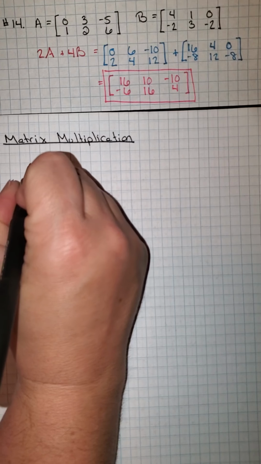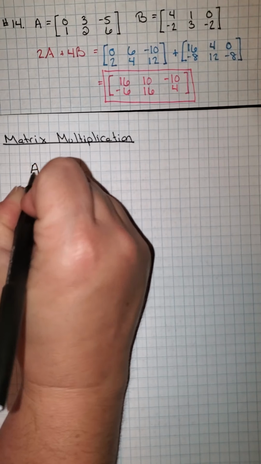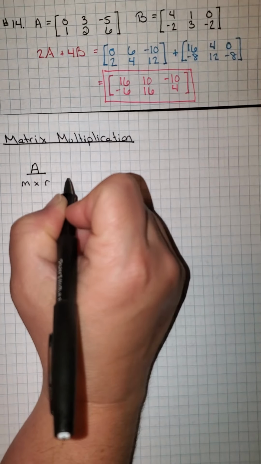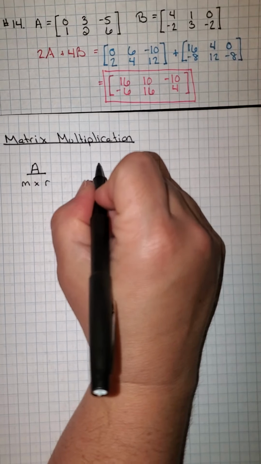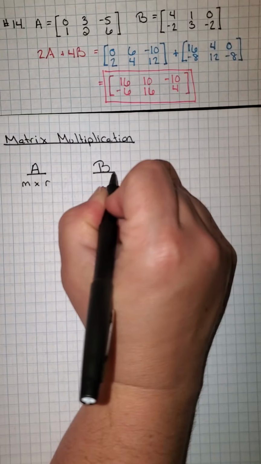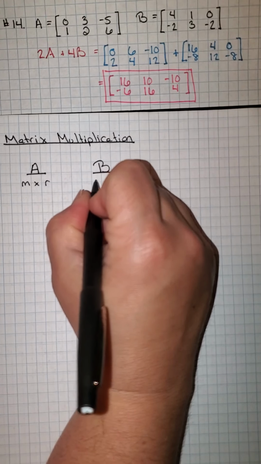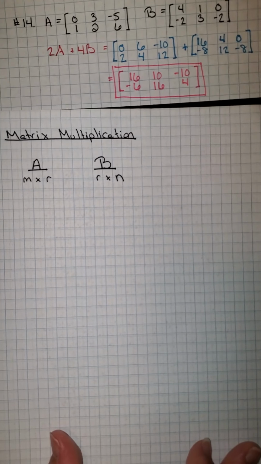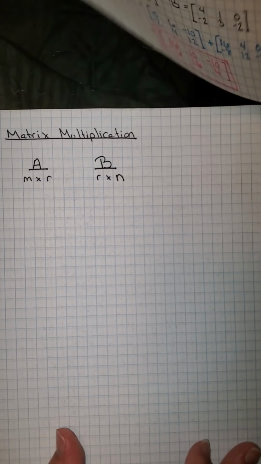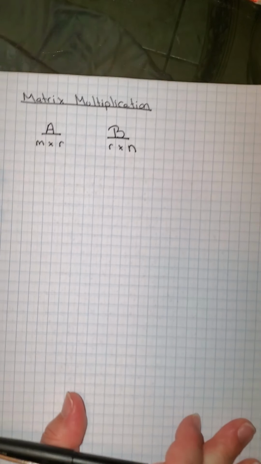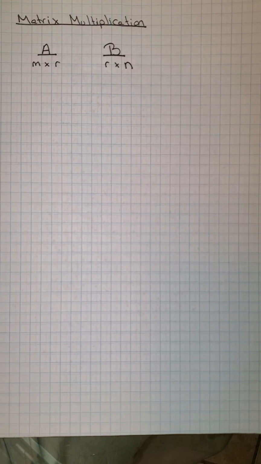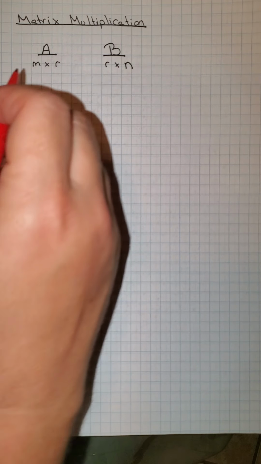All right, so if you have matrix A, it is an M by R matrix, and you have matrix B, and it is an R by N matrix. The only way you can multiply two matrices together is if the middle two numbers match.